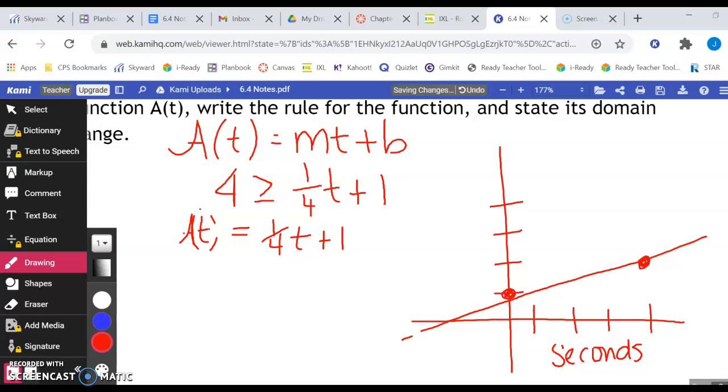And y, our answer, is how many cups are in the pitcher. So we can't go over 4 for the cups. So if I continue from that last dot that I drew, if I go up 1 and over 4, I'm going to mess up and I'm not going to fit on the page. So I'm going to pause the video and redraw the graph for a second.